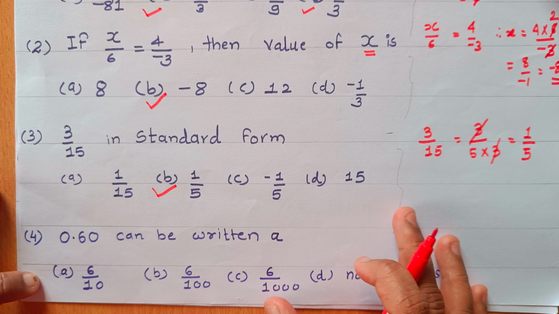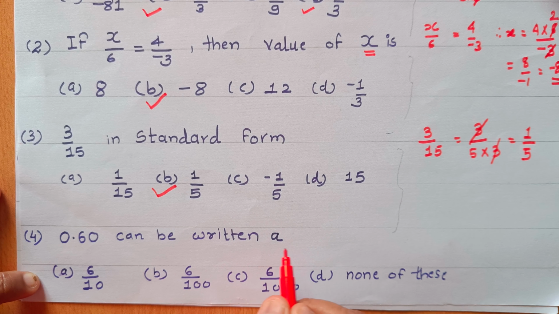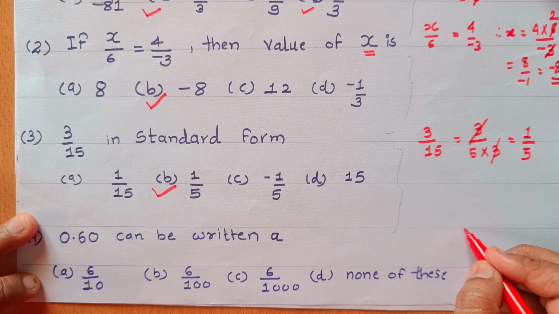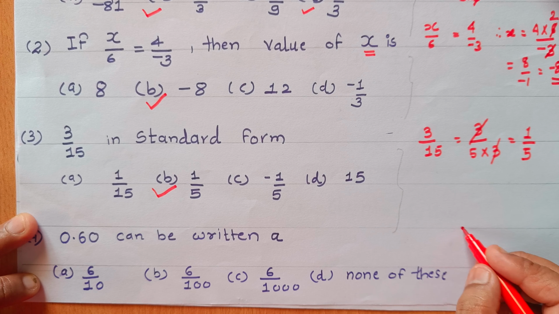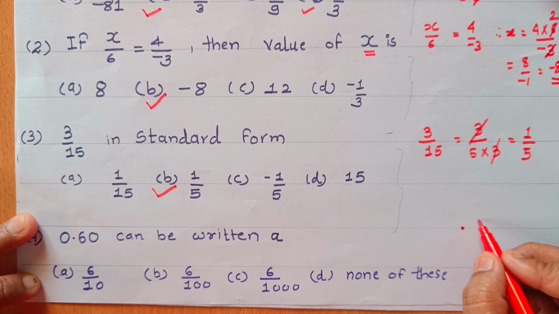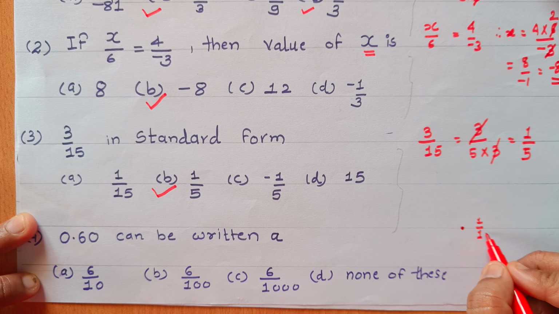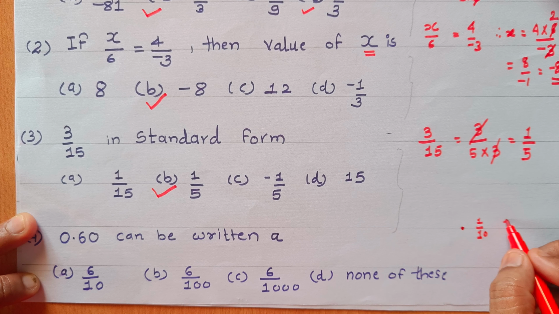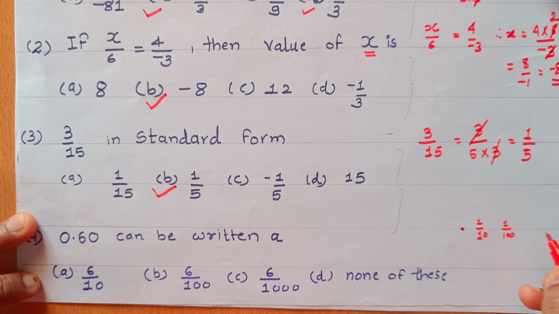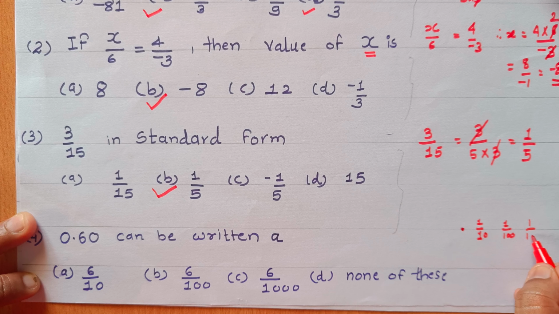Now children, 0.60 can be written as 6 by 10, 6 by 100, 6 by 1000, none of these. Now we can understand what happens when a decimal comes in the number. Decimal on the right side, 1 by 10th, 1 by 100th, 1 by 1000, then 1 by 10,000.